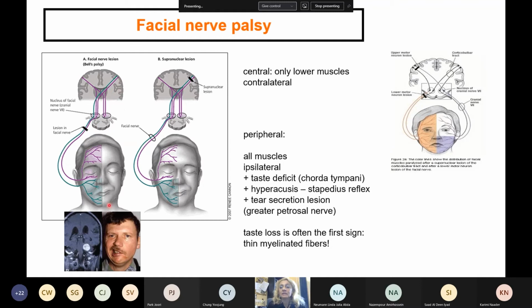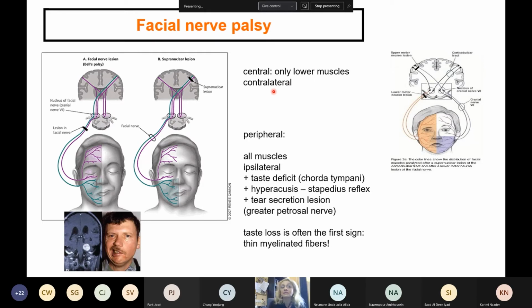And here, these are the pictures I showed you also in the lecture. So the upper muscles around the eye and forehead get bilateral innervation, which means that in a central palsy, only the lower muscles will be damaged or paralyzed.